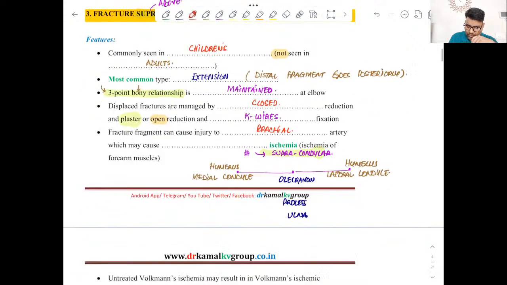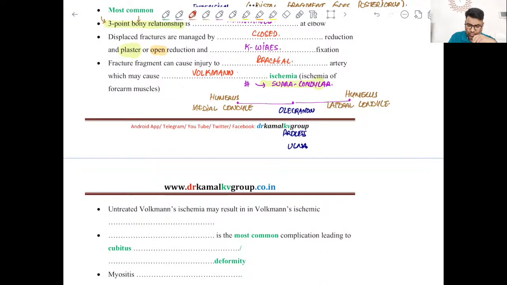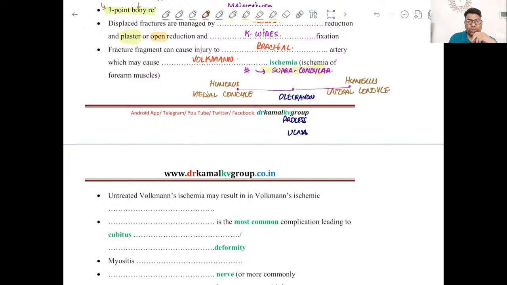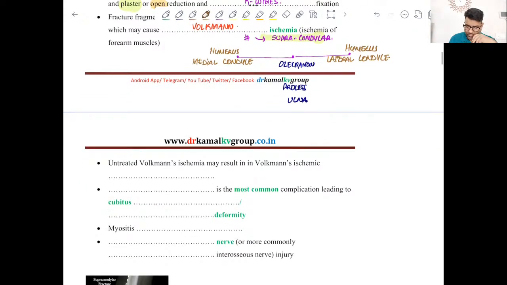And then another complication is Volkmann ischemia. So there is a tendency of Volkmann ischemia, and this is ischemia of the forearm muscles, especially flexor digitorum profundus, right, and flexor pollicis longus.